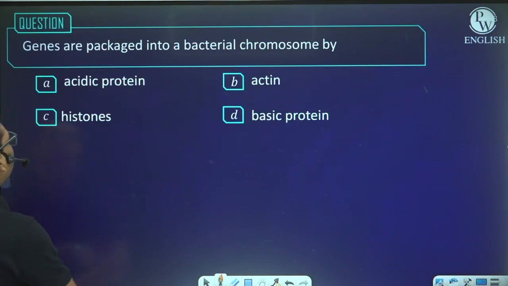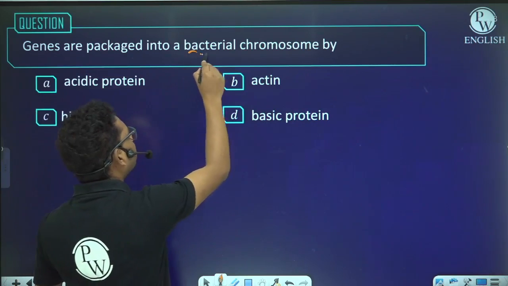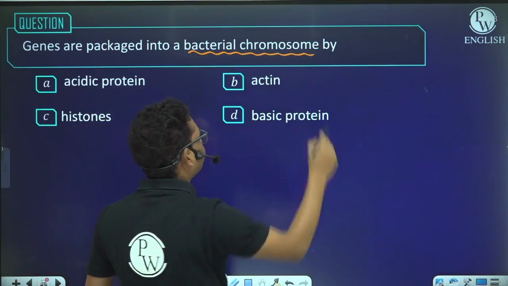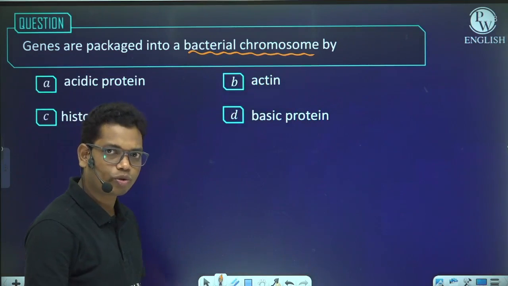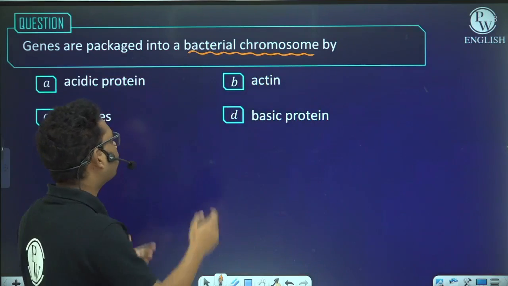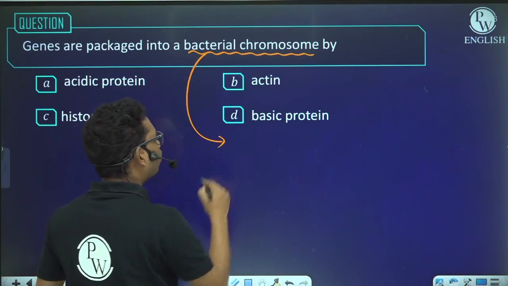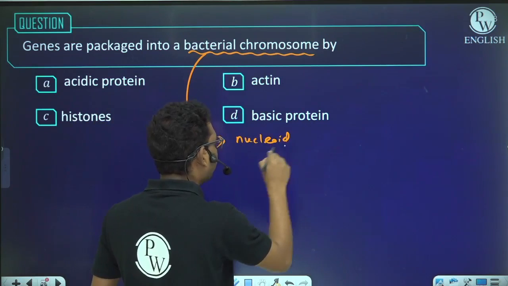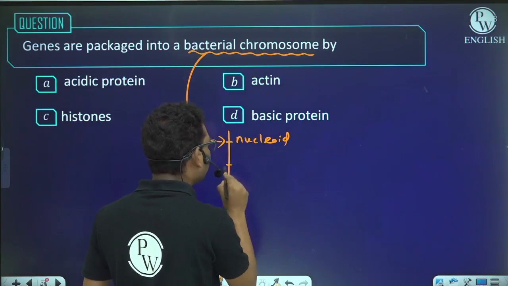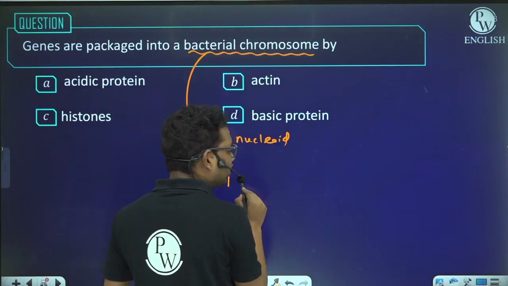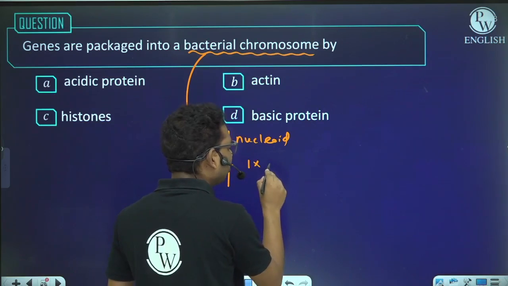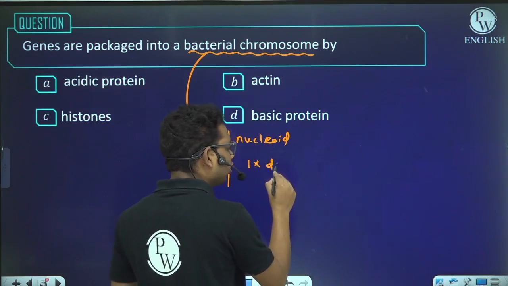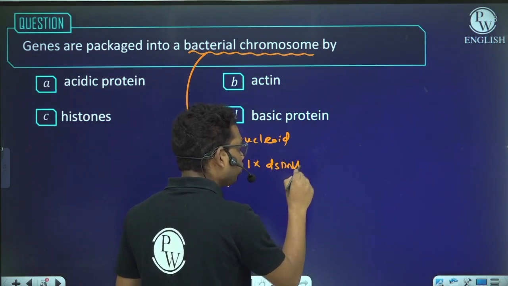Next, genes are packed into the bacterial chromosome by? See, in bacteria, the nucleoid is called the bacterial chromosome. This nucleoid or bacterial chromosome consists of one circular double-stranded DNA.